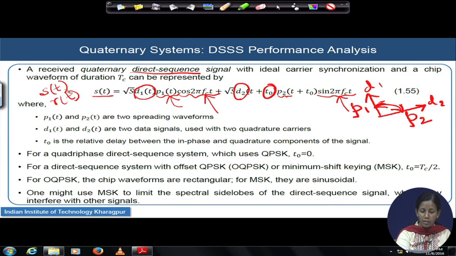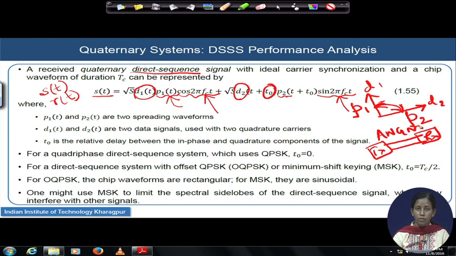In this situation, S(t) and R(t) are exactly the same, considering that you do not have any wireless channel. Suppose between the transmitter and the receiver you have an AWGN channel, an additive white Gaussian noise channel, which will add Gaussian noise but won't give any other effect of a wireless channel, like dispersion or a change in the phase or frequency of the signal.